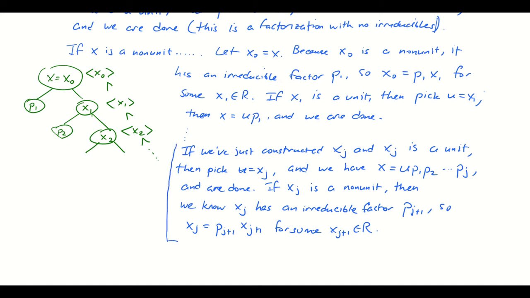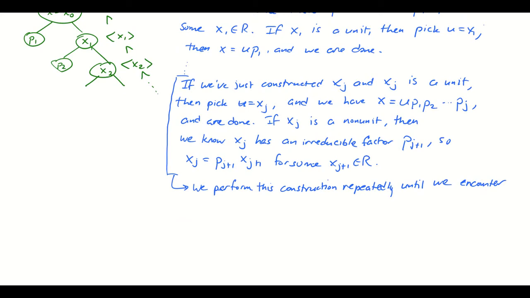So I'm just going to say we perform this construction repeatedly until we encounter an xj, and in fact I'll just call this xn, that is a unit.